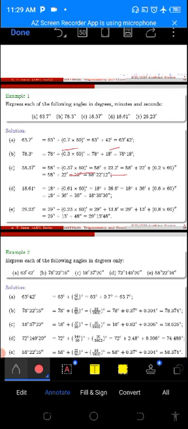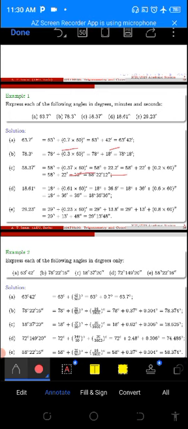Now there is a decimal point in the minutes, so we convert the decimal part of the minute to seconds. We have 22 minutes plus 0.2 minutes, and multiplying 0.2 by 60 gives 12 seconds.